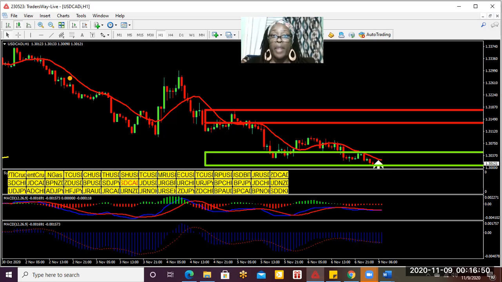It was in a bearish movement, it reached the floor, and we have divergence, which indicates a reversal as well. So we do expect the dollar to rally back up, which would be bullish. That's what you're looking at right here.